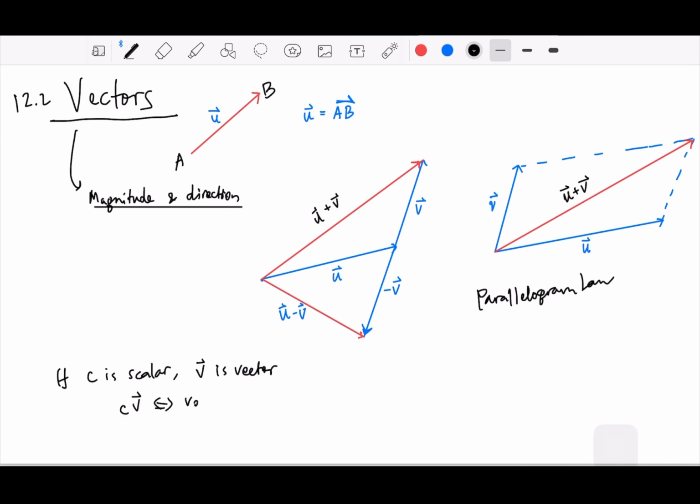This is a vector whose length is the magnitude of c times the length of v. And it has the same direction as v also.